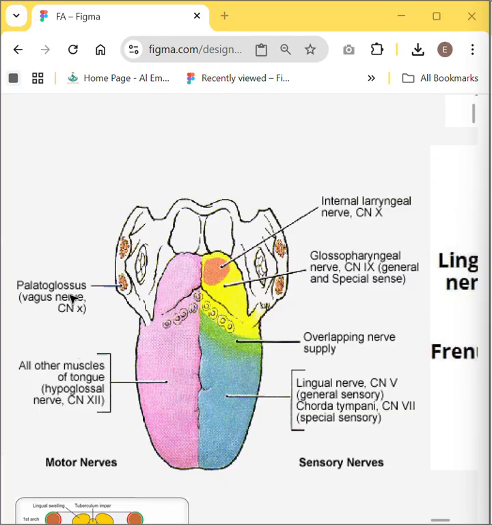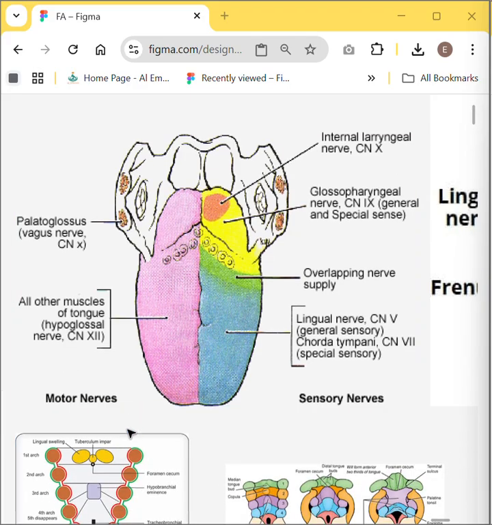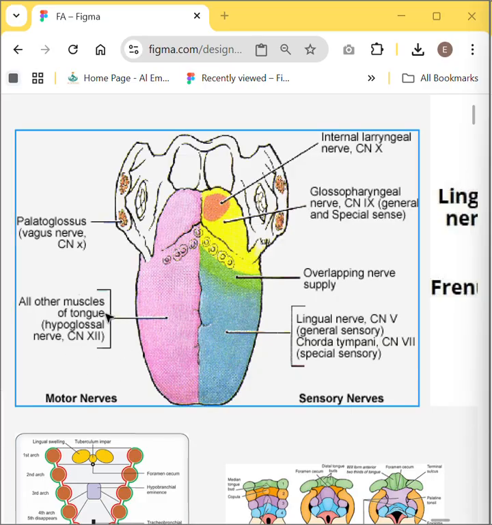When we talk about the motor innervation, there's just one exception. All intrinsic and extrinsic muscles of the tongue, all of them, are supplied by the hypoglossal nerve, and that's your cranial nerve 12. Just one exception, and that exception is palatoglossus.